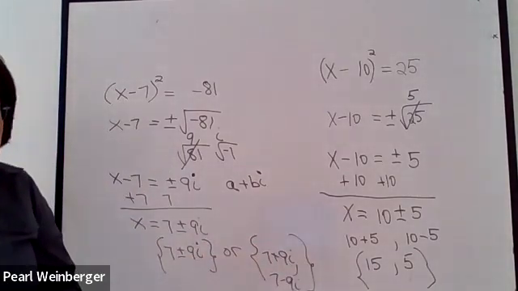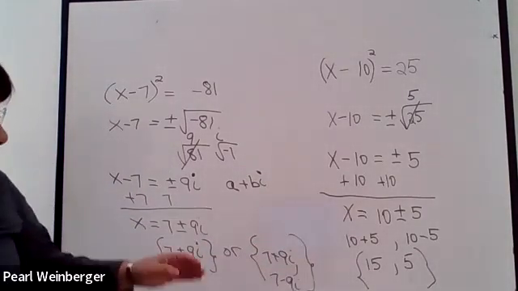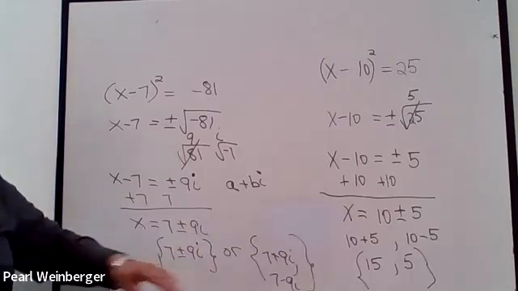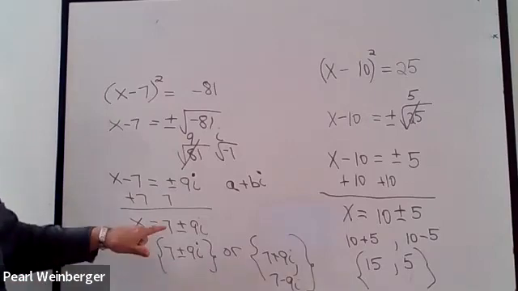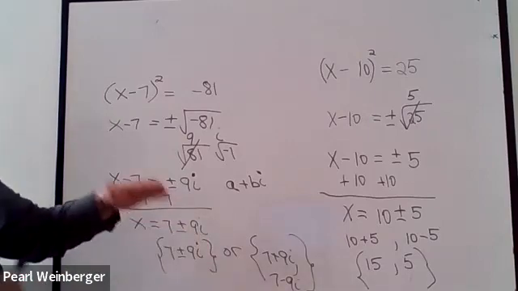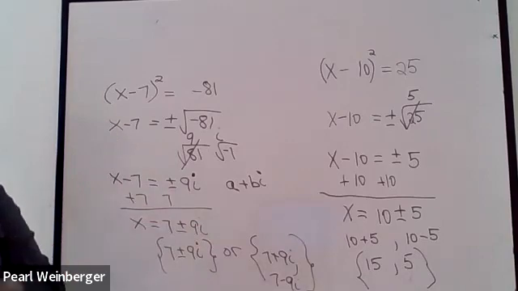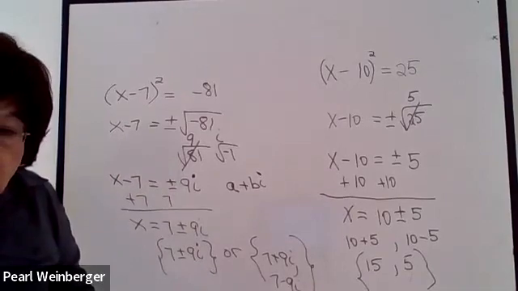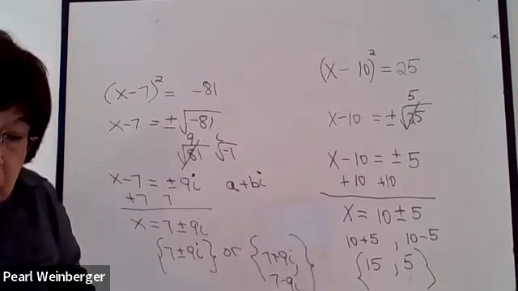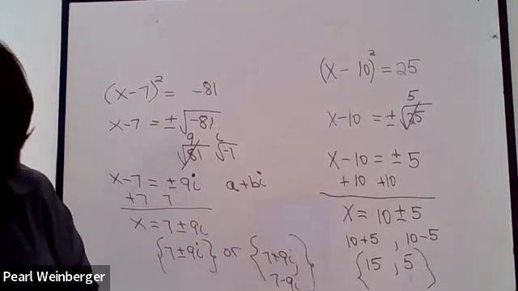So again, you have your choice. Usually I leave it like this. The 7 plus or minus 9i means you really have two answers, one with a plus and one with a minus. It's just a shorthand, with less writing involved.